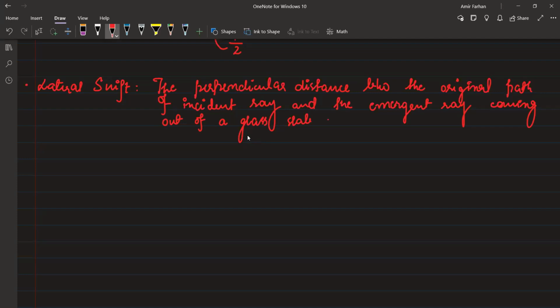Clear? This is called lateral shift or lateral displacement, you can say. It has two names.